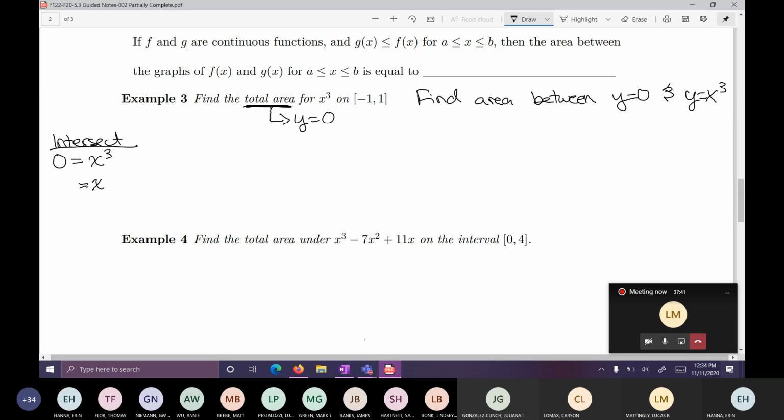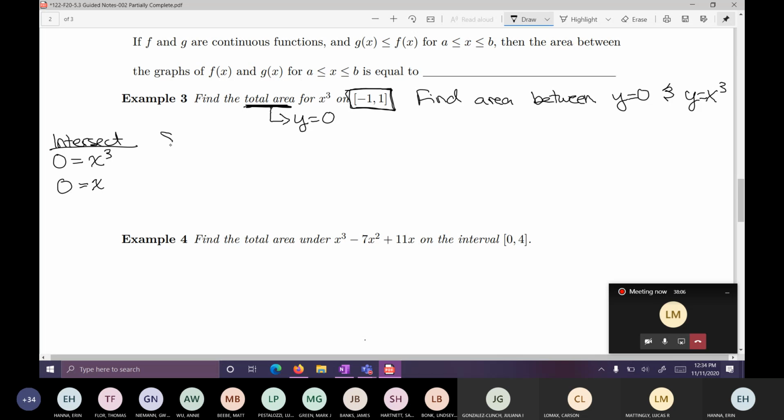If you cube root both sides, you'll get that x is 0. So that's where they intersect. Notice that 0 is between -1 and 1, so I actually care about it. Like some of the other things we've done, if that number is outside of the interval, you don't care about it. But since it is in that interval, we need to care about it.